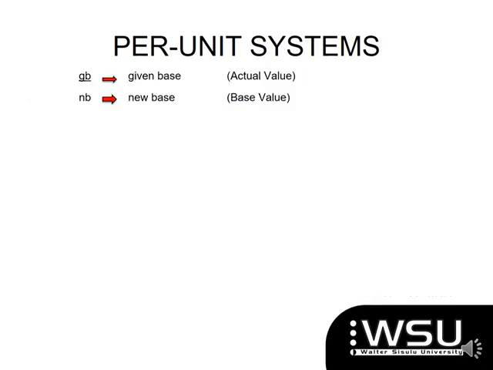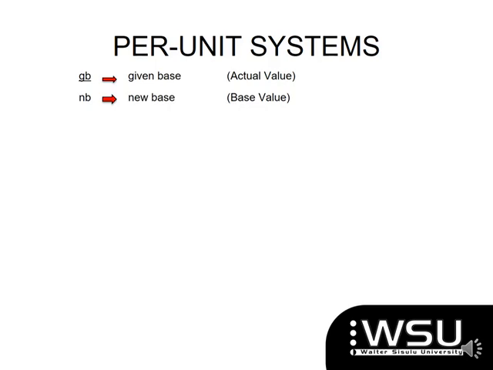What I want us to note now is these two items, GB and NB, because you are going to use them throughout your calculations. GB stands for your given base, which is your actual value that you would have had in your system.